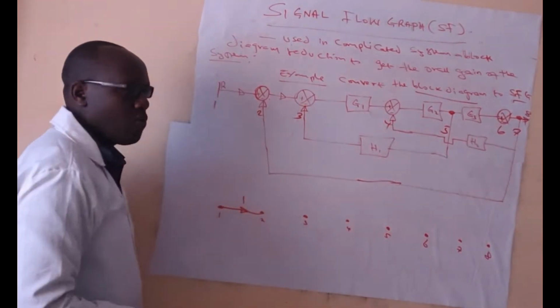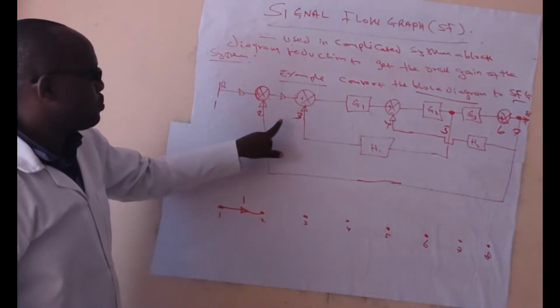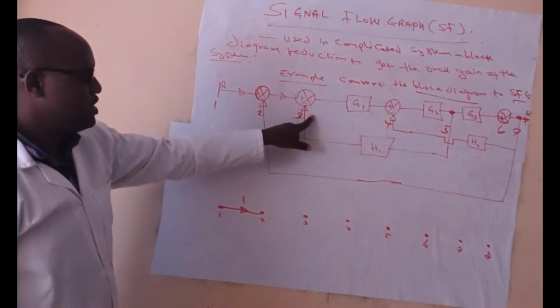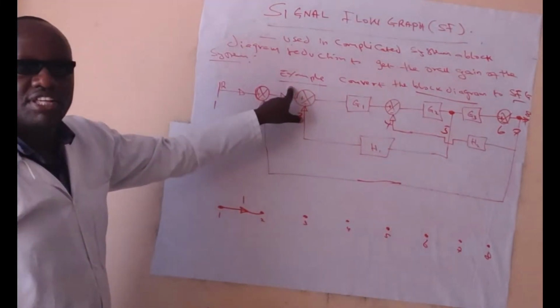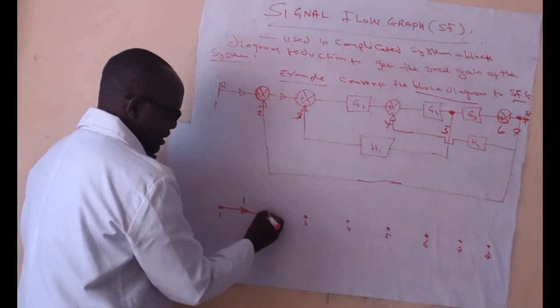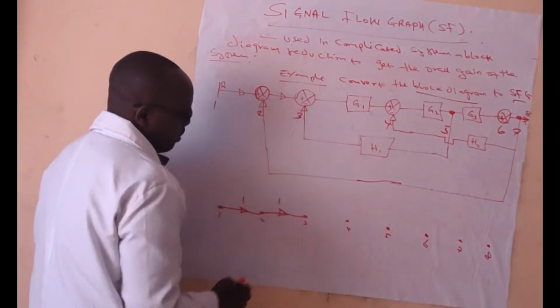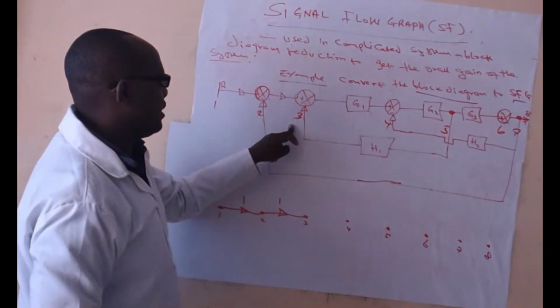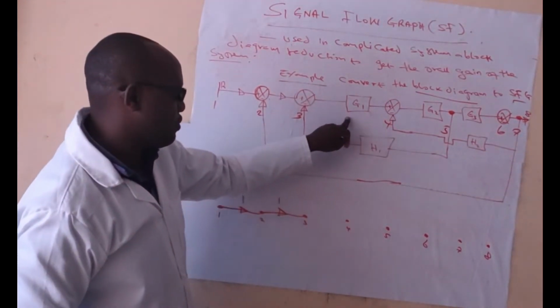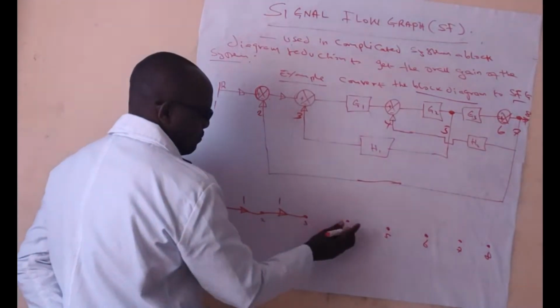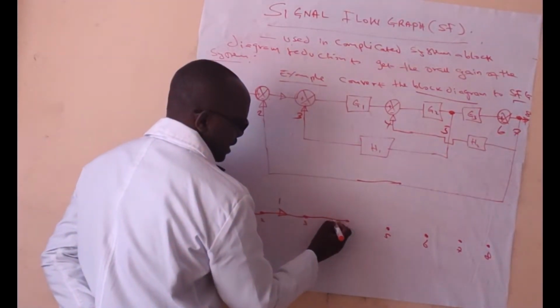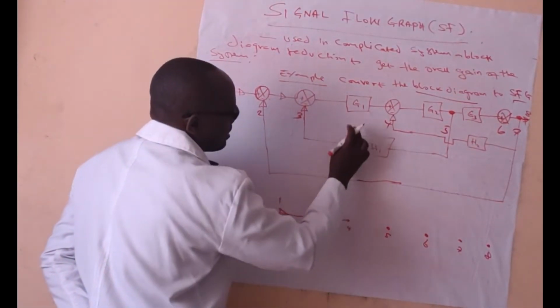From 2 to 3, the gain is 1. From 3 to 4, the gain is G1.